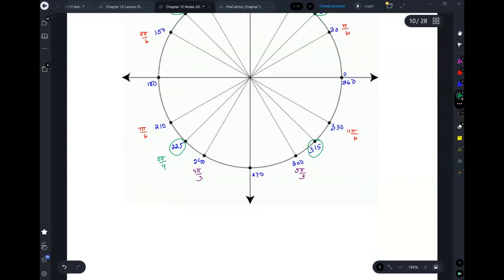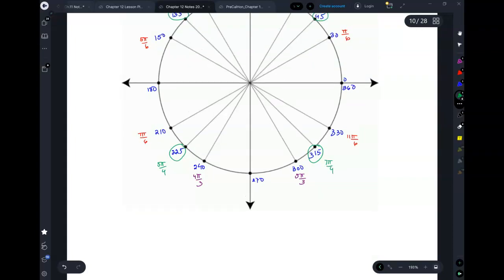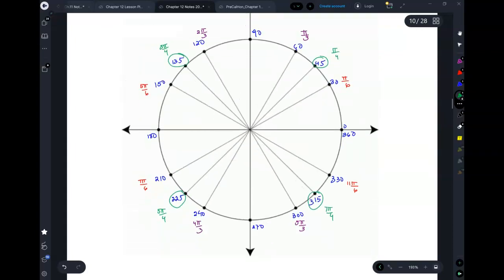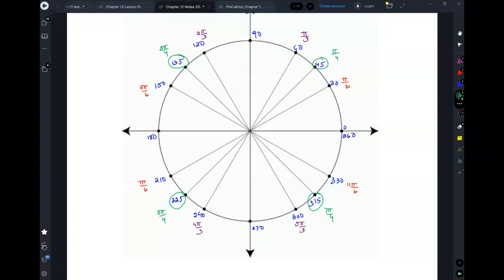And 7 pi over 4. That's a 7. Yeah, 7. So look at the coefficients: 1, 3, 5, 7. Okay. All right.